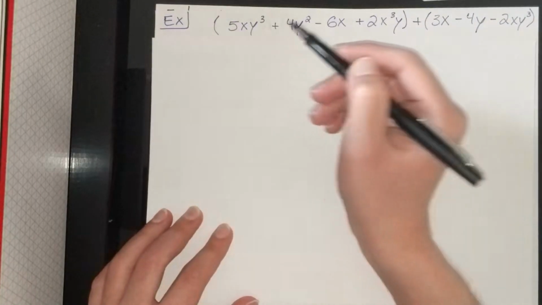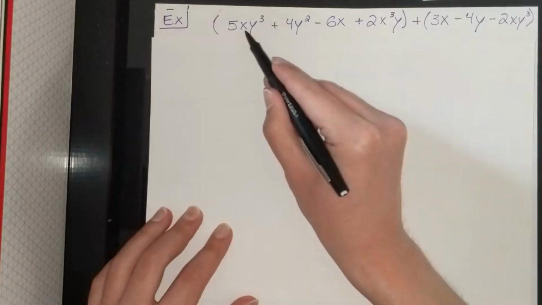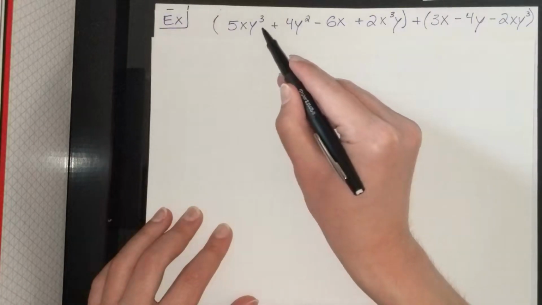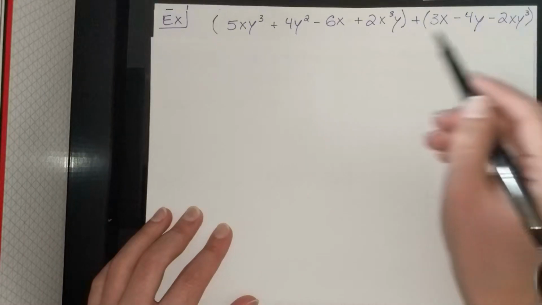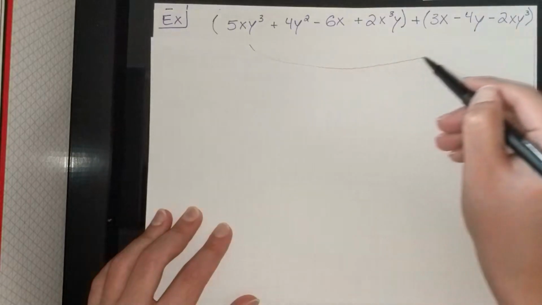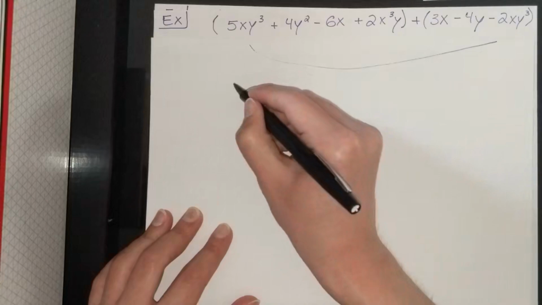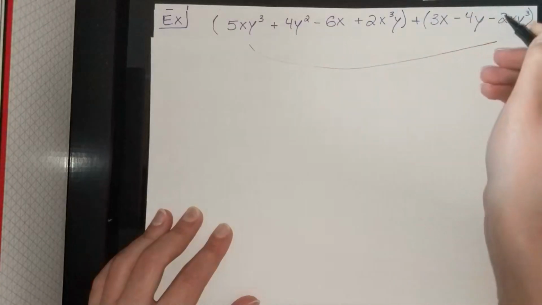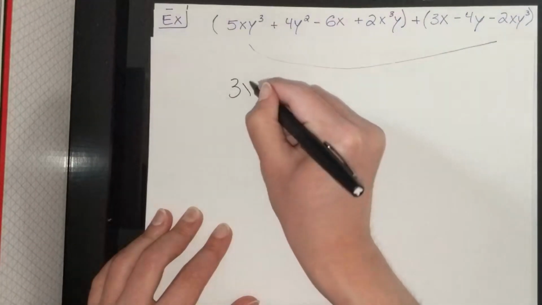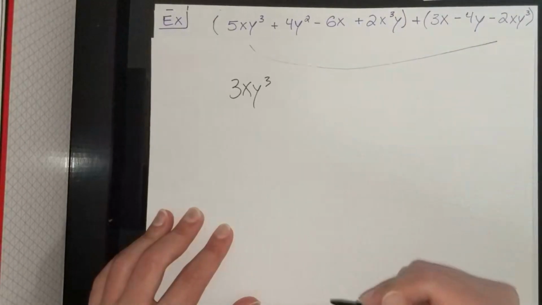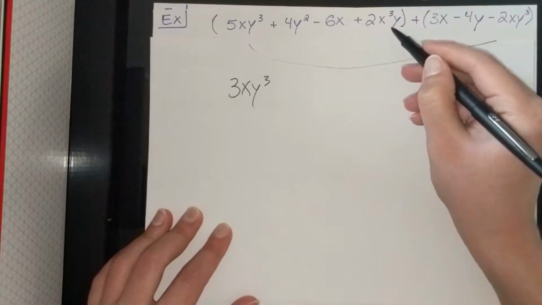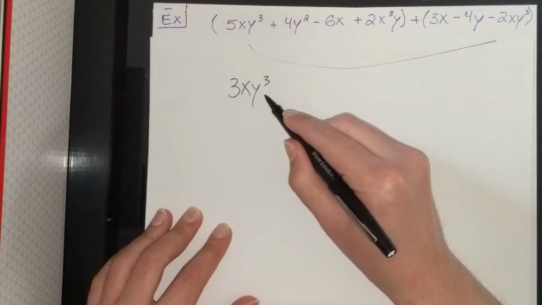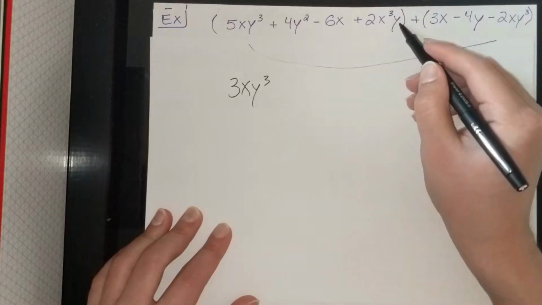So dealing with this problem, notice we have an xy cubed here and an xy cubed here. We can combine those together, which gives us 5 minus 2 is 3xy cubed. We couldn't combine it with this term because xy cubed is not the same as x cubed y.